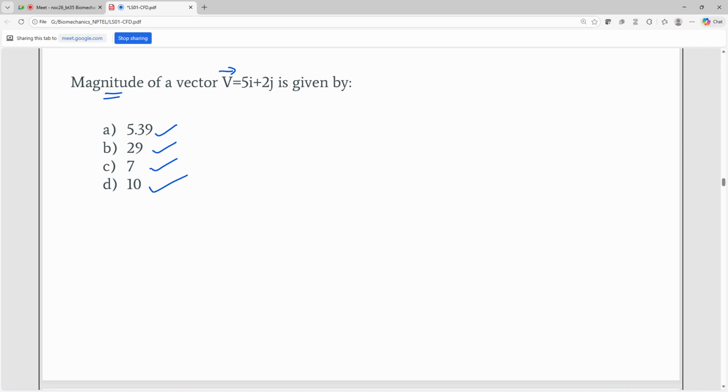Try to recall the basic vector mechanics you might have studied in school and try to answer the question.